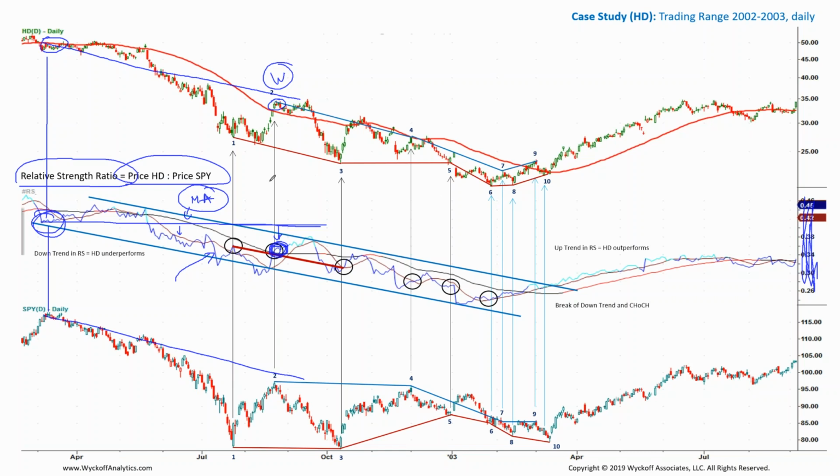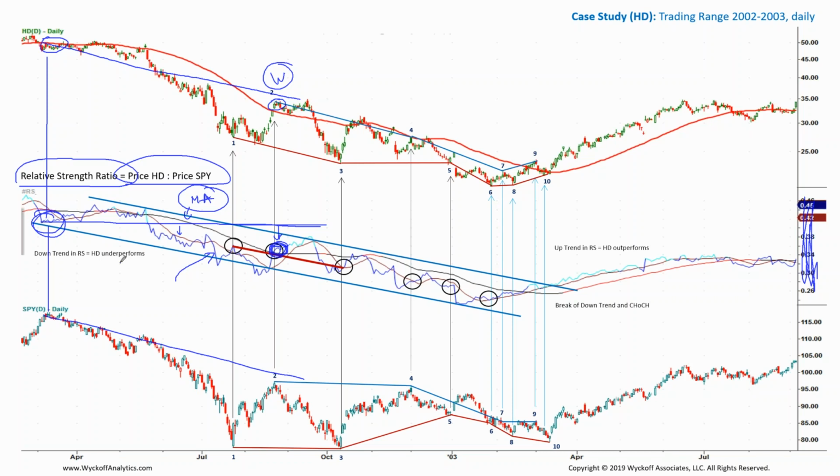So you're going to apply the same trending tools or oscillating tools that we would use in our price trend analysis.